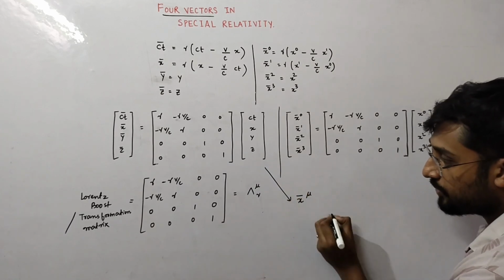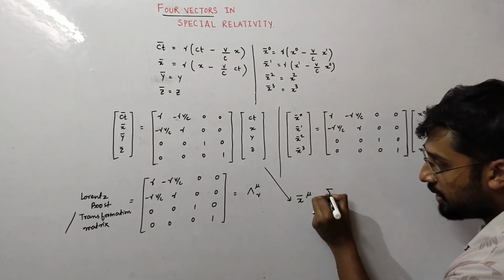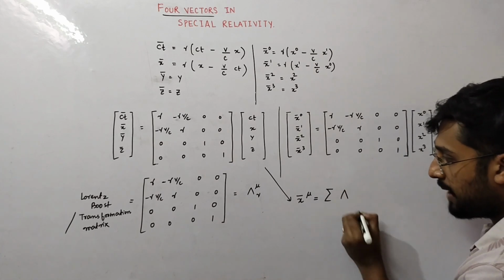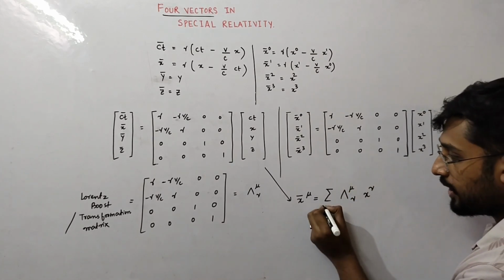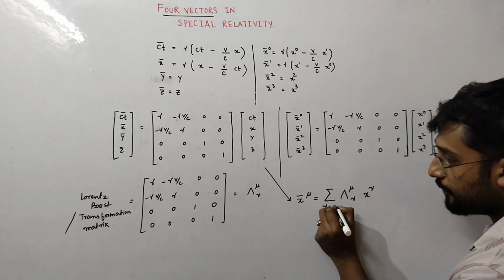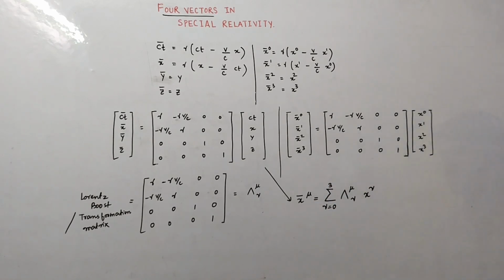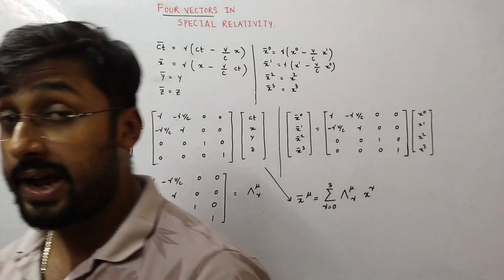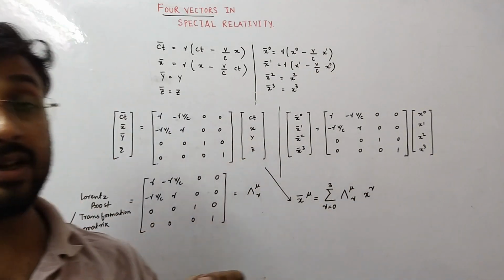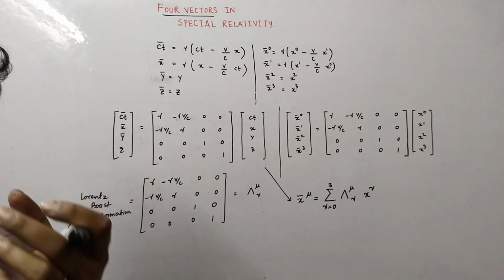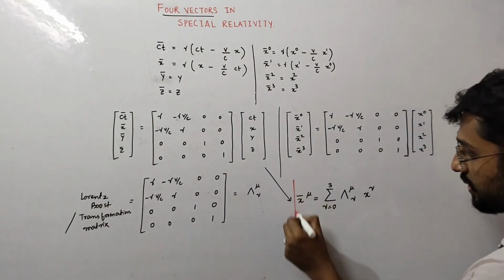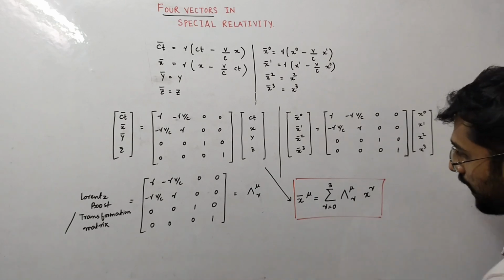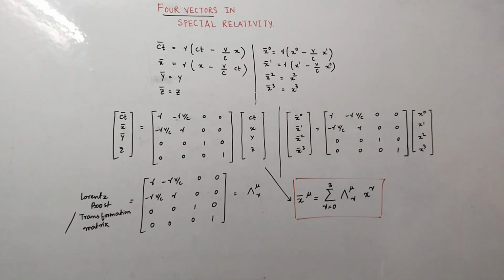X bar mu is equal to the sum over nu of lambda mu nu x nu, where nu goes from 0 to 3. As you people remember, the first thing that I have written is that a 4 vector must obey some transformation equation. Now this is that transformation equation that I was talking about. Let me explain how it works.